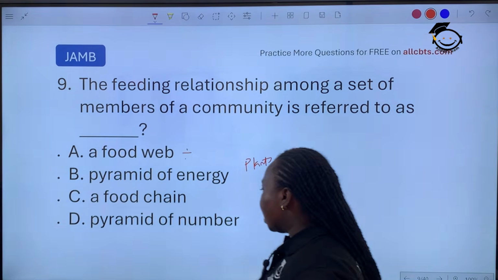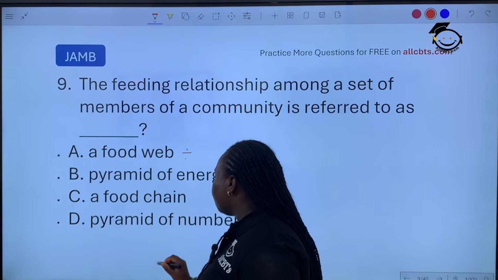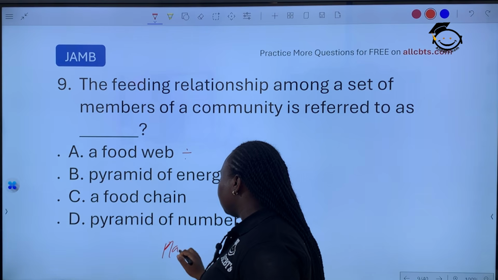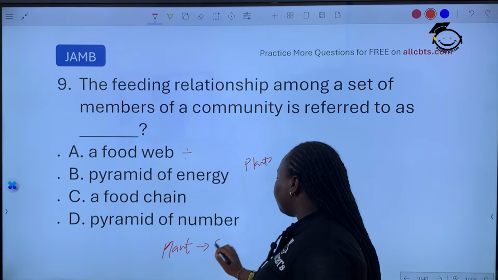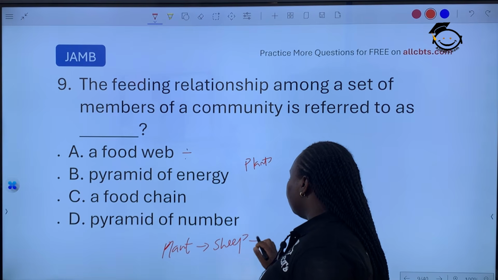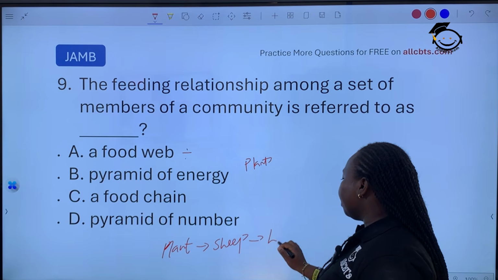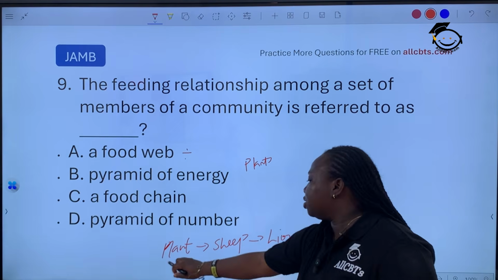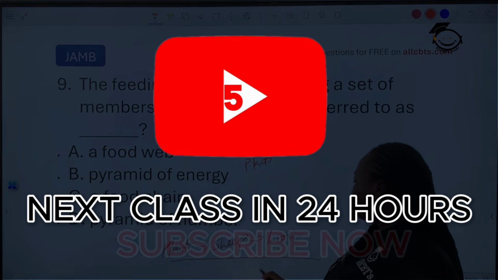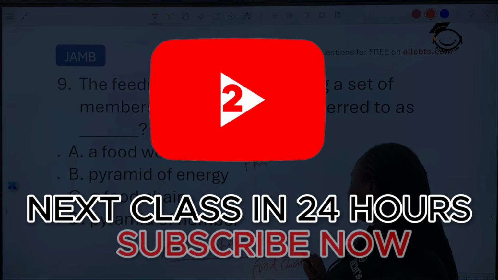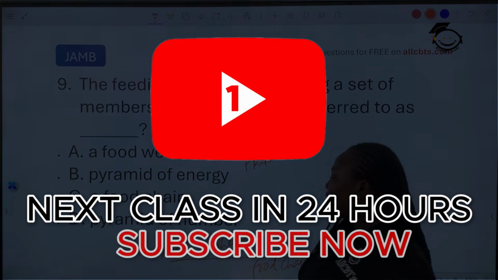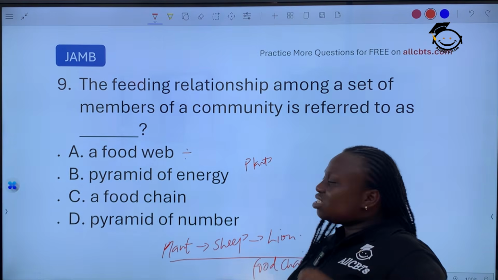Food chain is something like this. They can put plants, then they will say sheep, then they will say lion. Now, it's on a straight line. This is a food chain. But if you want to convert this particular food chain to a food web, then we are going to be mixing it with different kinds of organisms.